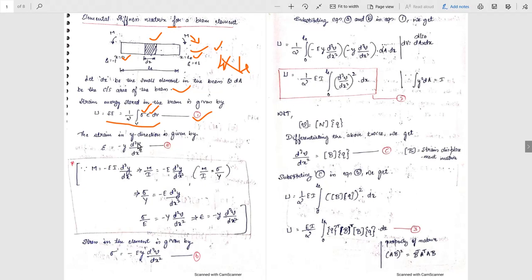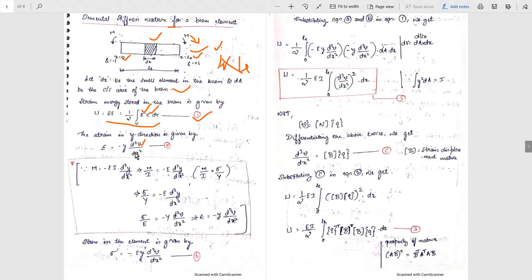Strain for a beam in y direction is given by epsilon equal to -y d square v by dx square, where v is nothing but transverse displacement. We know there are 2 degrees of freedom per node, one is transverse displacement and the other is slope theta. So this is the strain in y direction for a beam.